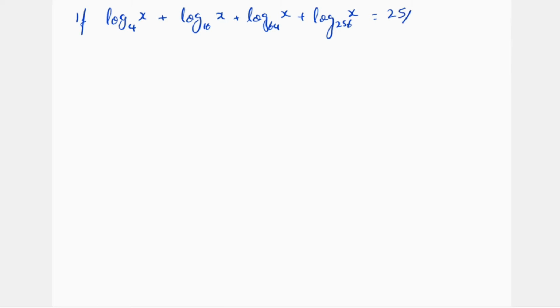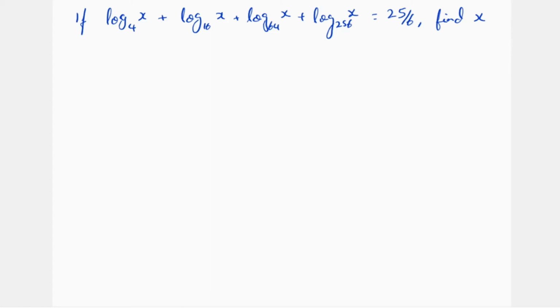The question that we have is: if log x to the base 4 plus log x to the base 16 plus log x to the base 64 plus log x to the base 256 is equal to 25 upon 6, then find x. This is the problem that we've been given.